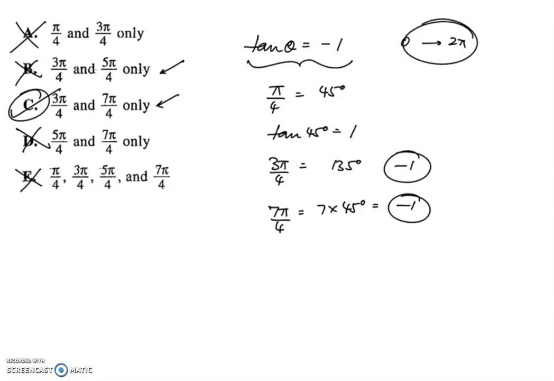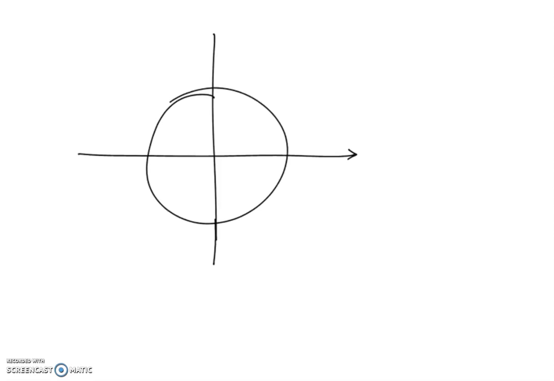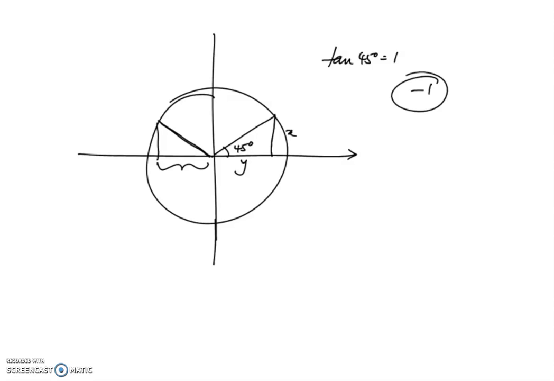So that's one way. The other way is to use the unit circle approach. So if we look at this unit circle, the way I like to think about this is that if we know that tangent 45 is 1, so here if x and y are 1, this would be 45 degrees, but we're looking for minus 1, and that means that in the ratio, if you go on in the second quadrant here, this x would be negative.